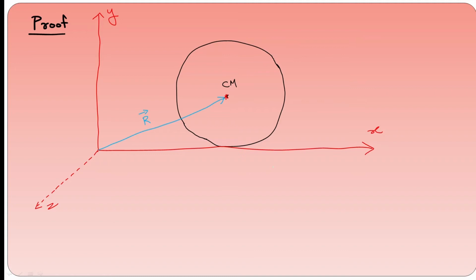Now, how to calculate the angular momentum? We know that the angular momentum of a body about any point is L equal to summation over i of Ri cross Pi, where Pi is Mi Ri dot.